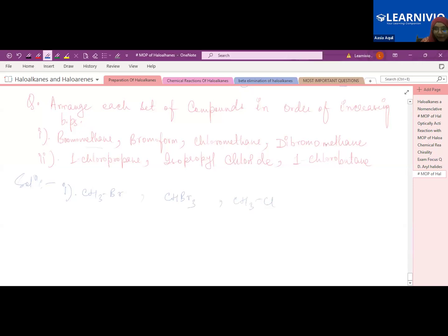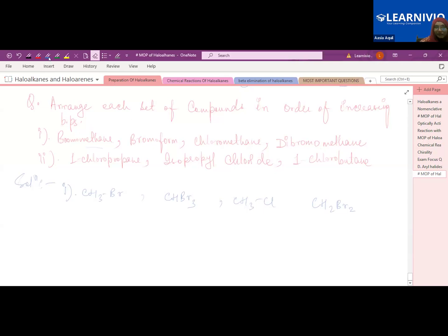And here the dibromomethane, which means CH2Br2. Now arrange these. You can see here all alkyl groups are the same. The alkyl group in all the four molecules is same, so it depends on the molecular mass of the halogen atom.